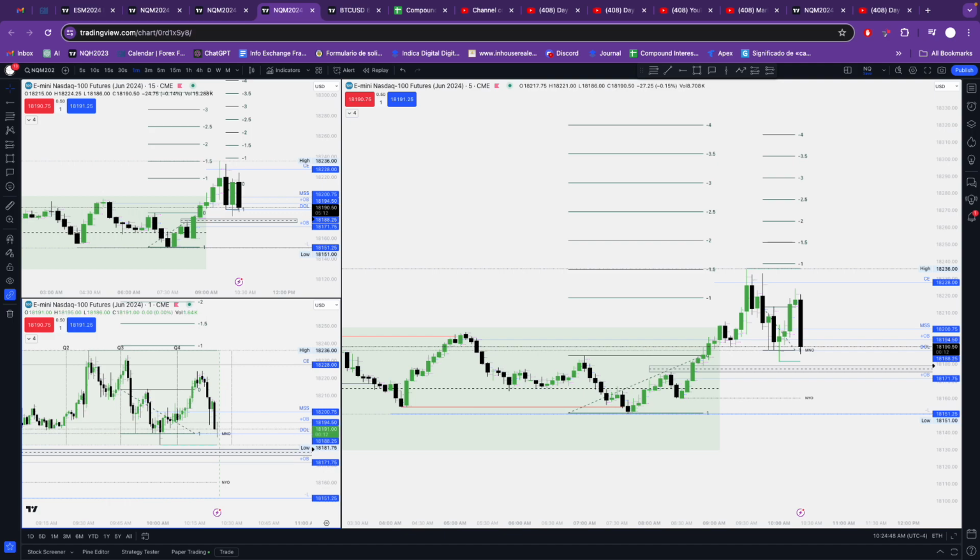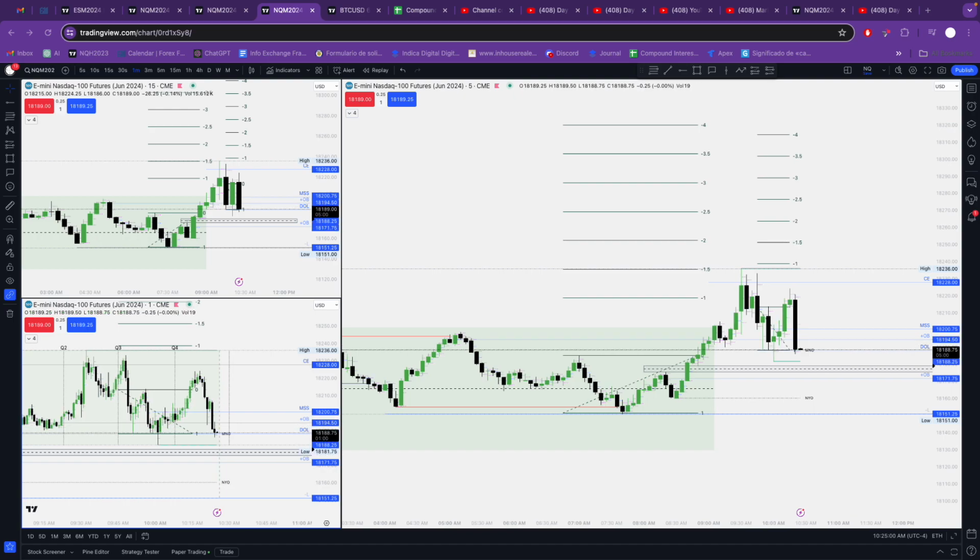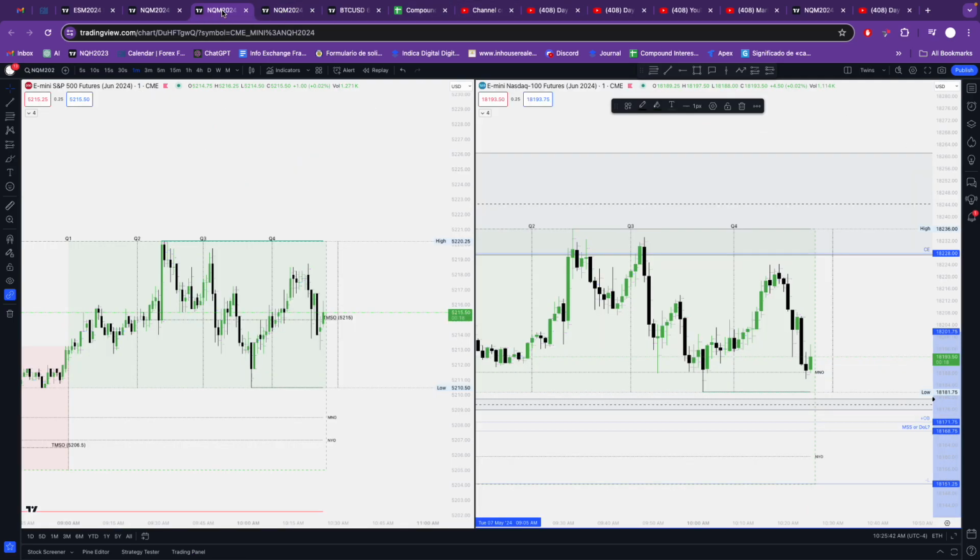Very good practice. This looks really good for longs.